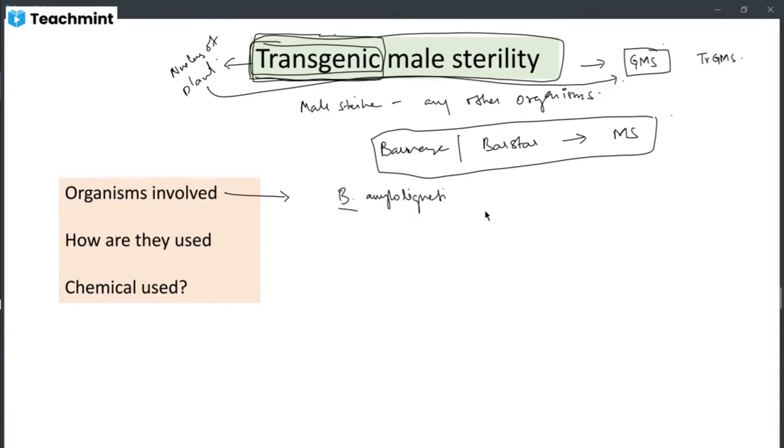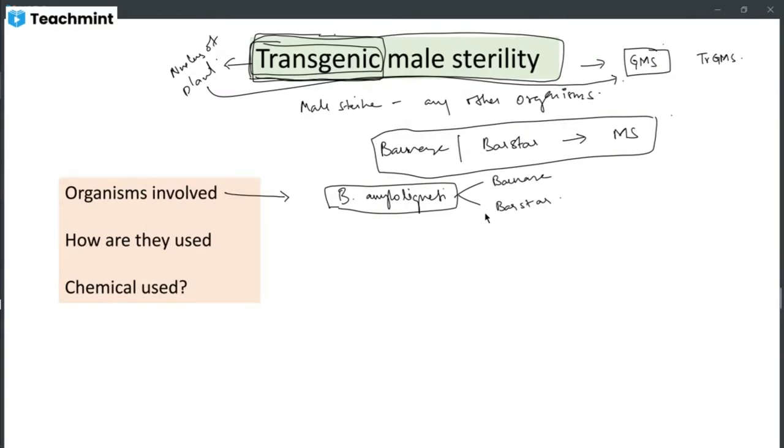What are the genes that we get from this bacteria? We have got two genes, one named Barnase, the other named Barstar.